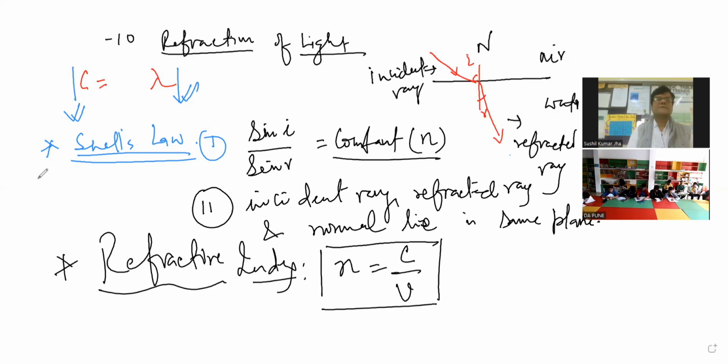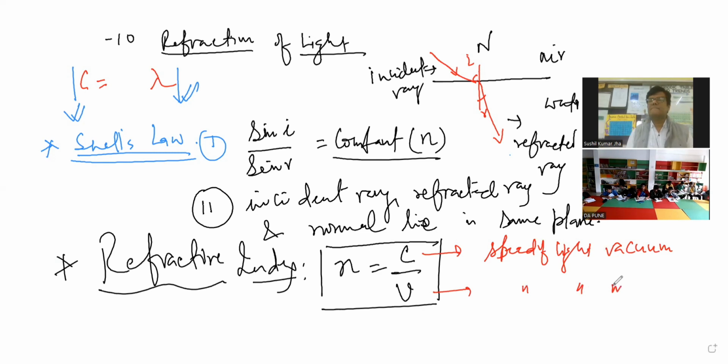This c represents the speed of light in vacuum. How much is the speed of light in vacuum, Aryan? 3 times 10 to the power 8 meters per second. And v is the speed of light in any medium.